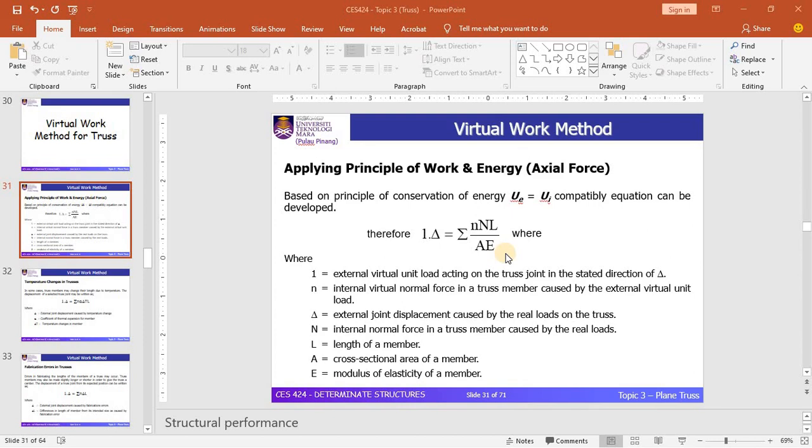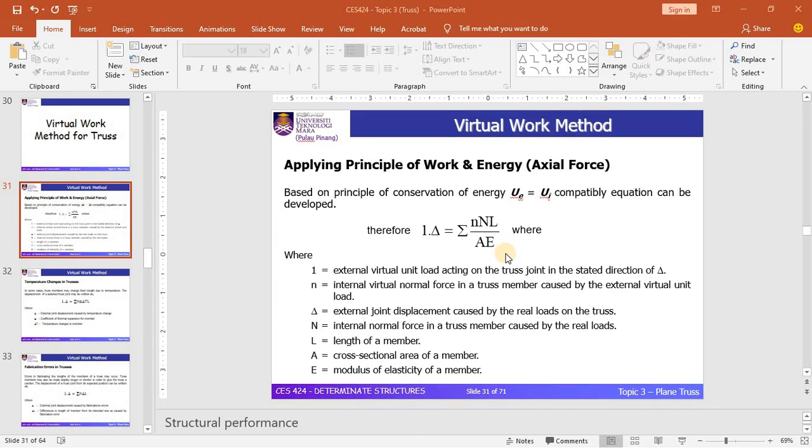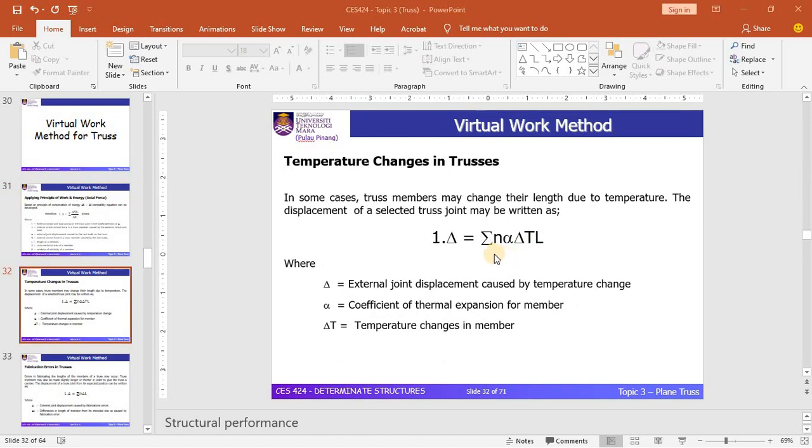Besides the load effect that can induce displacement in the truss structure, there is another effect that can cause displacement in the truss: the temperature change. Temperature change in the truss can also induce displacement in the truss structure, and you can use this equation to calculate the displacement of the truss due to the temperature effect.